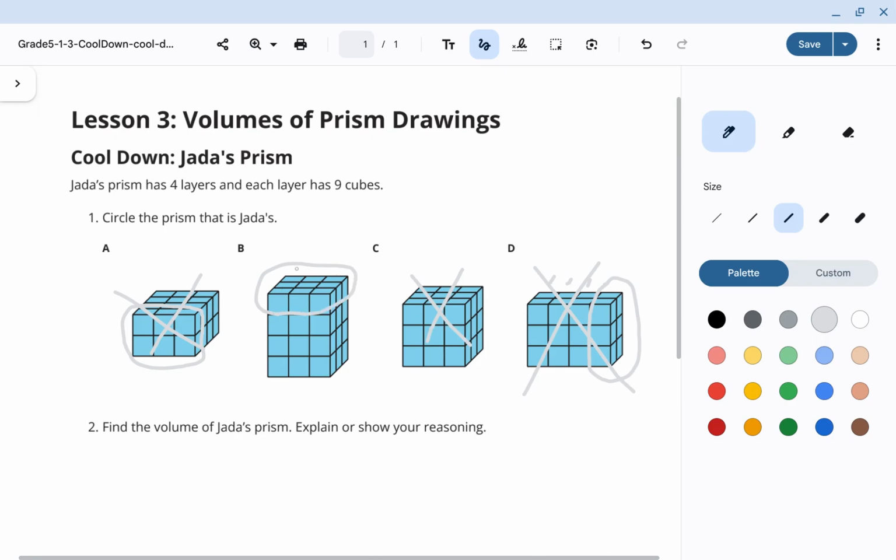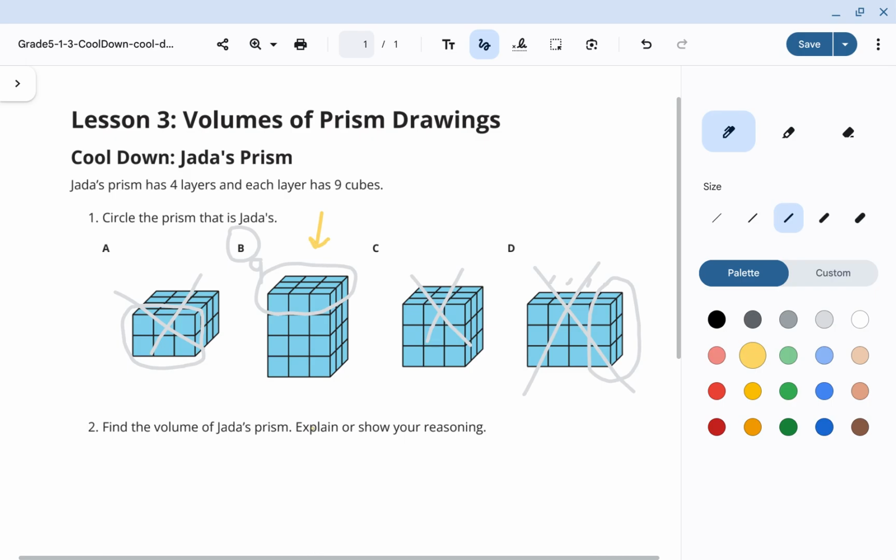Well, I do see that it has a length of 3 and a width of 3. So yes, a 3 by 3 array is going to give me 9 cubes in this top layer. And yes, I would have 4 total layers with each layer having 9 cubes. So we are going to circle prism B, because yes, indeed, we have found the correct prism. This is Jada's prism right here.